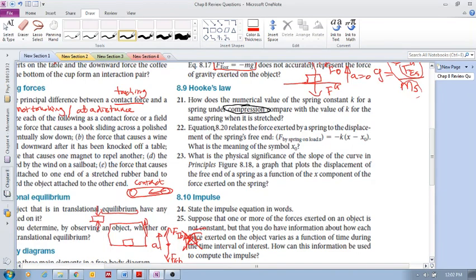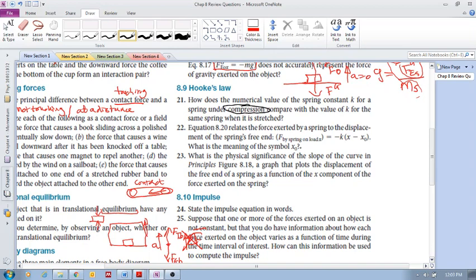22. Equation 8.20 relates the force exerted by the spring on the load to the displacement of the spring's free end. The force by the spring is equal to minus k times x minus x0.